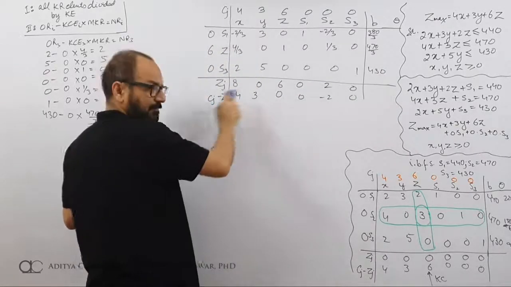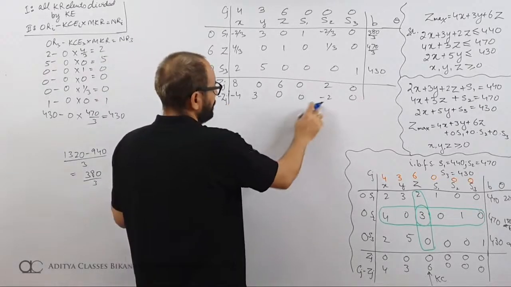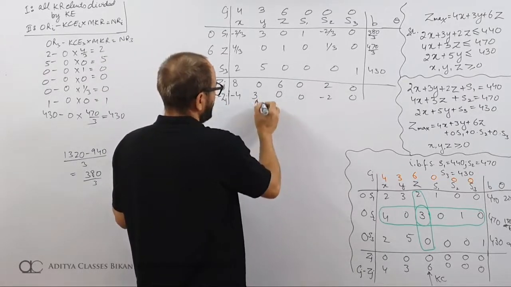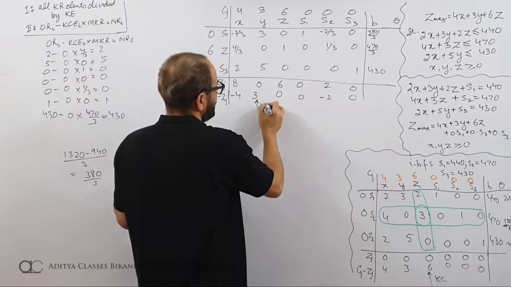If I look at the net evaluation row, what do I get? Negative, negative, zeros, and there is a positive, so this becomes my key column.